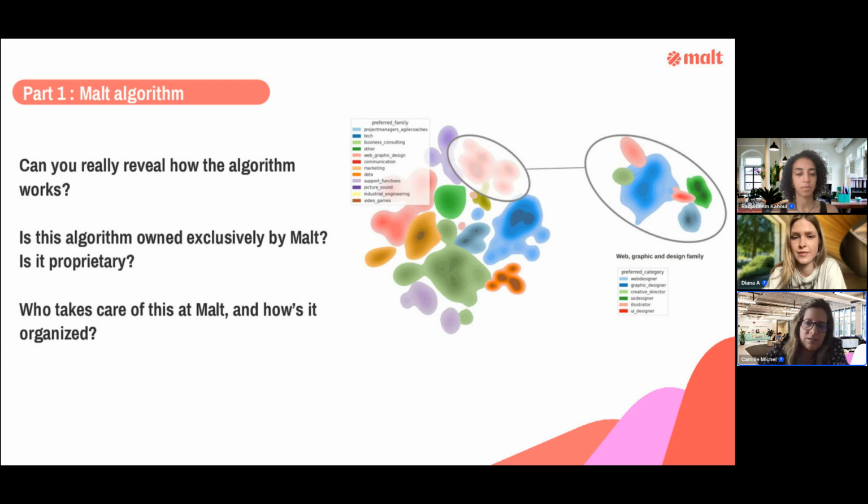All the data we use remains internal, and the models are built to reflect the way our platform works and the expectations of our users.